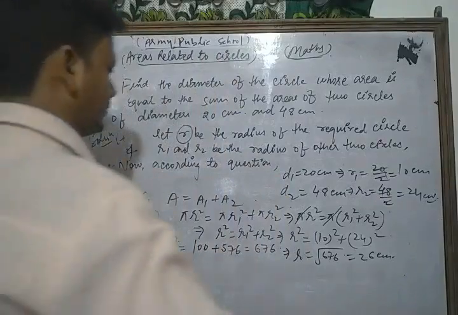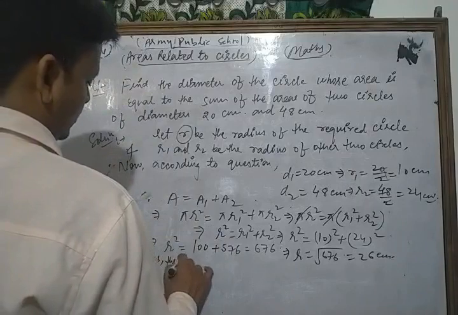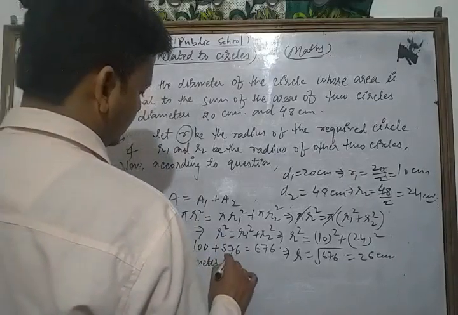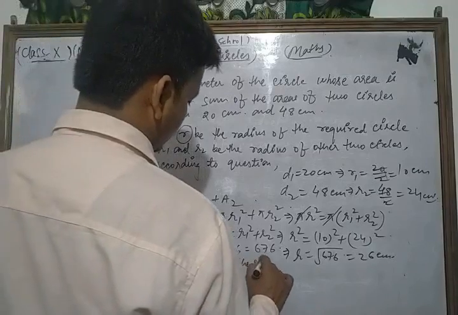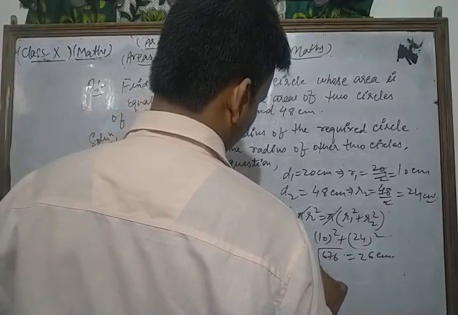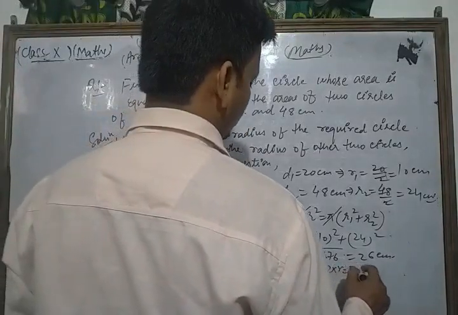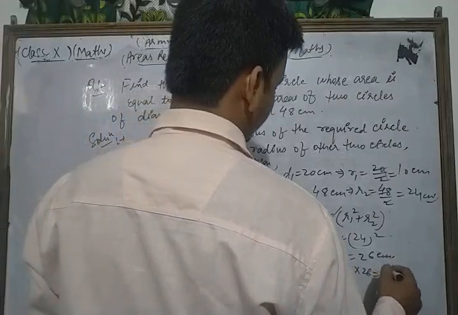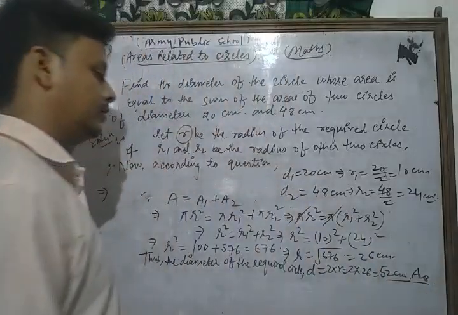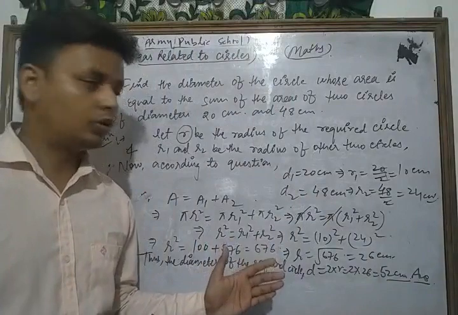Thus the diameter of the required circle is d equal to 2r, 2 into 26, this is 52 centimeter. Okay, so in this way, dear student, you can solve that type of question.